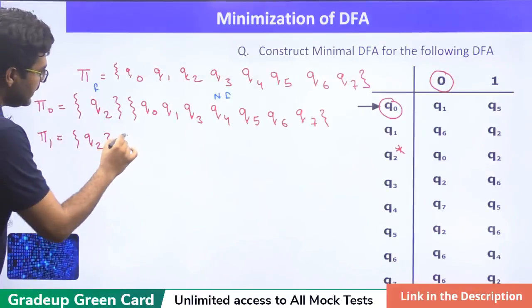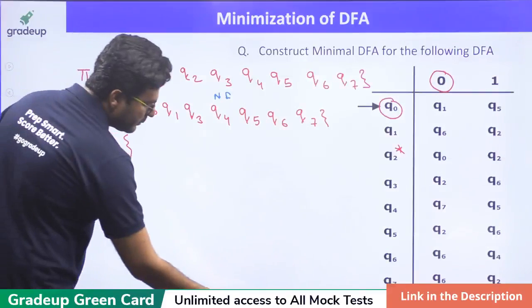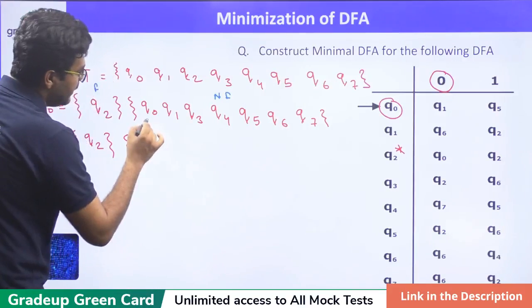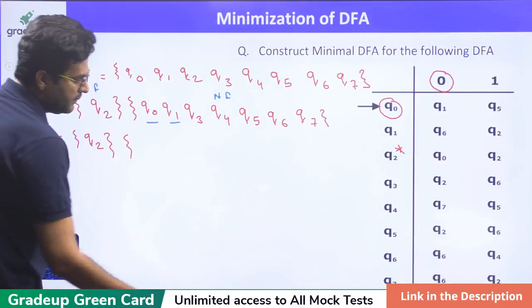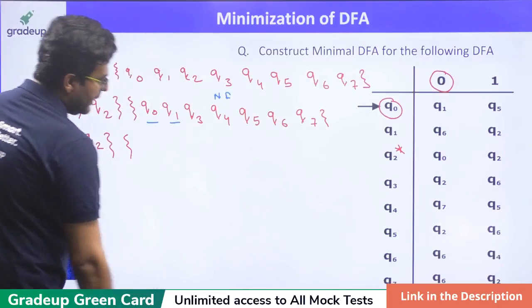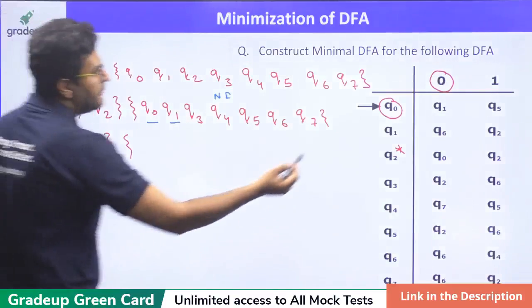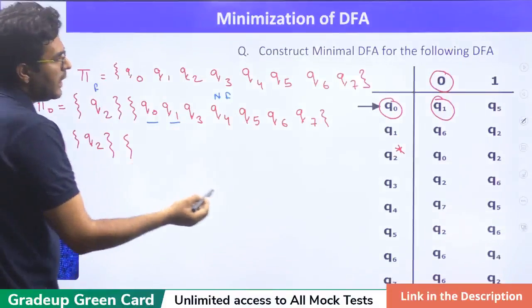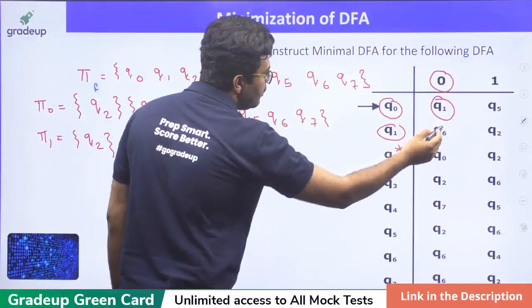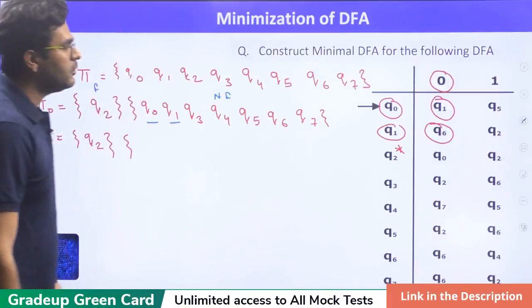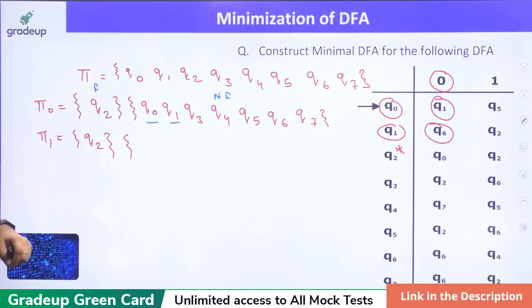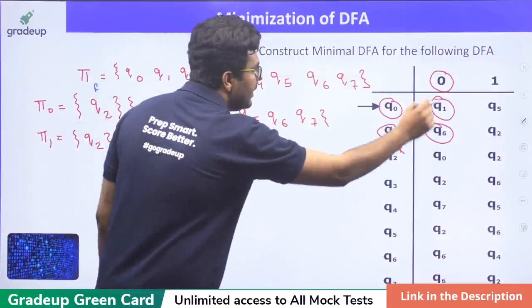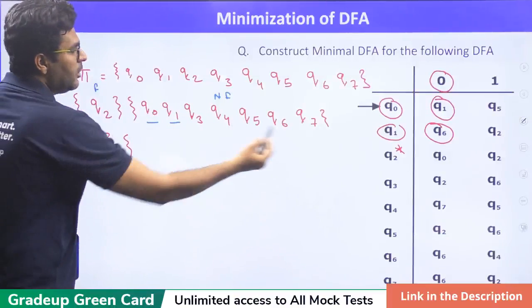I'm talking about these two states. On Q0, after reading 0, we are moving to Q1, and on Q1, after reading 0, we are moving to Q6. Now just check whether Q1 and Q6 belong to the same set or not.